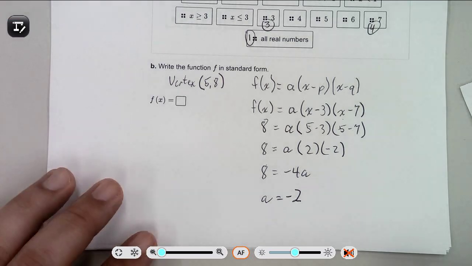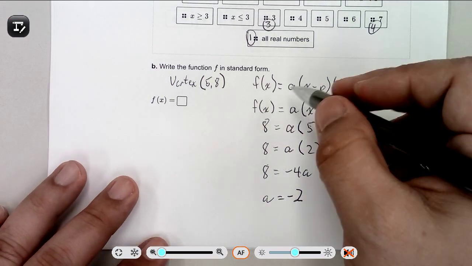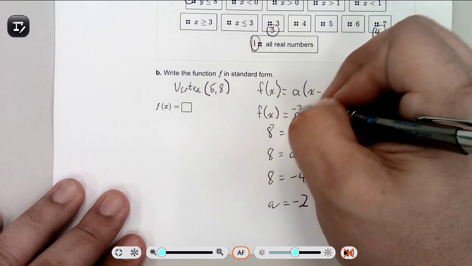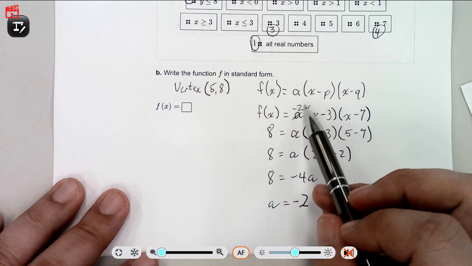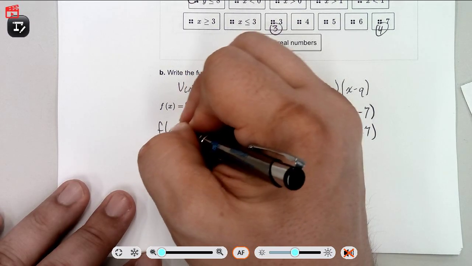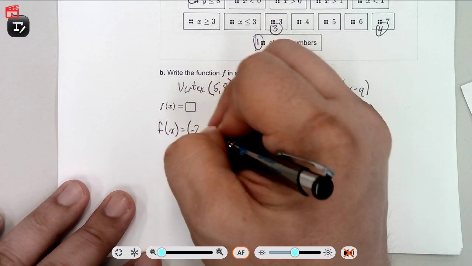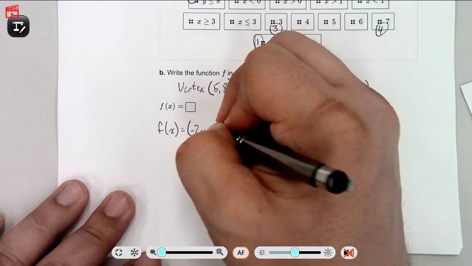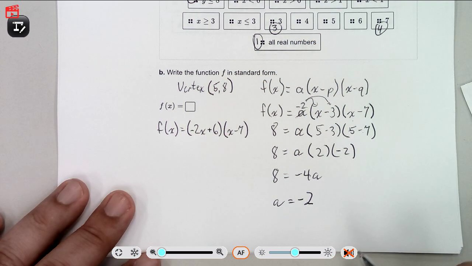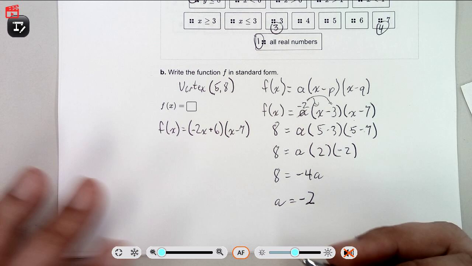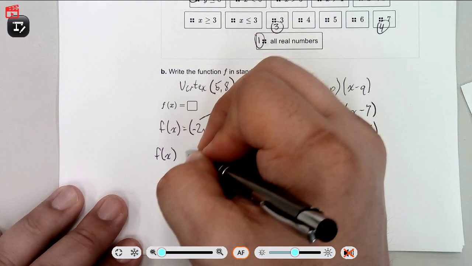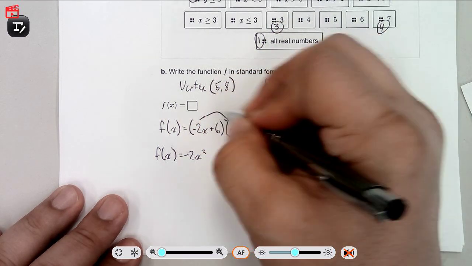And that's enough to type in this in intercept form, and then we'll convert. So back up to intercept form, except now this is a negative 2. I'm going to distribute the negative 2. So I have f of x is negative 2x plus 6, x minus 7. And then we're going to FOIL this, multiply the two binomials together so we can have standard form. So f of x, first, it's negative 2x squared.